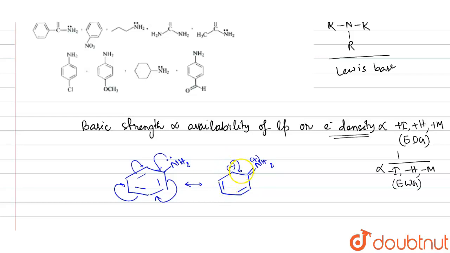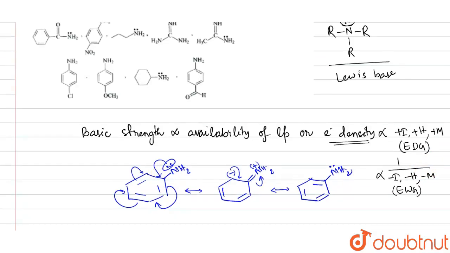Now this negative charge can come over here and this bond can shift over here, so that we'll get another resonating structure like this. So this one is here, this one is here, and here we get this NH2. As we can see, the lone pair of electrons is delocalized over here. So based on this, we have to compare the basic strengths.